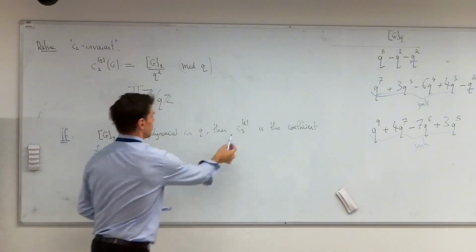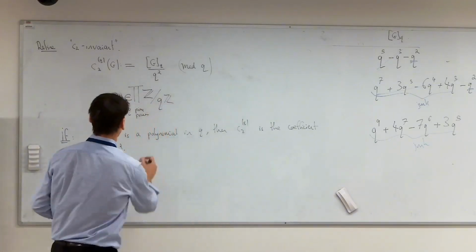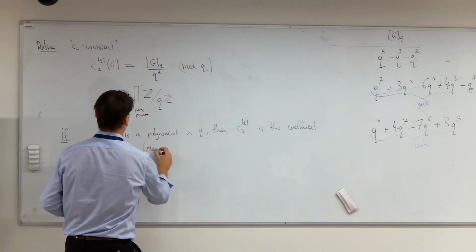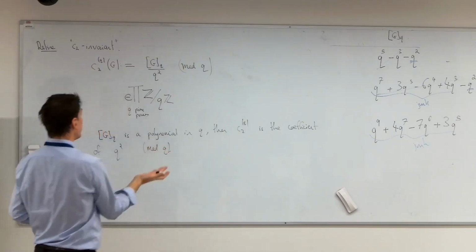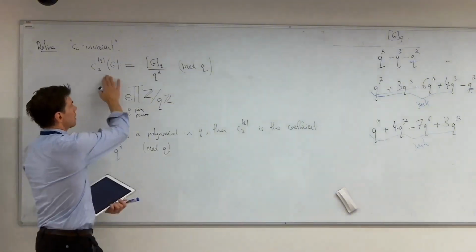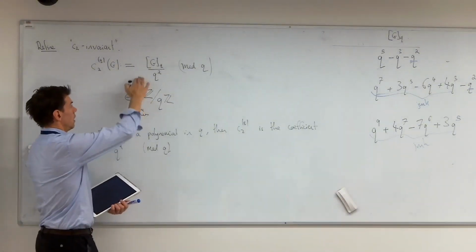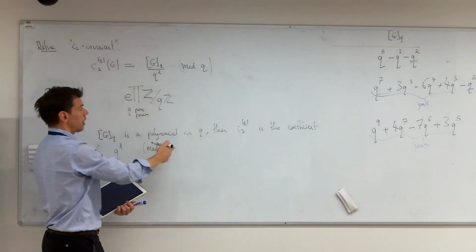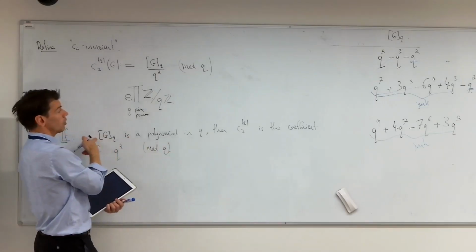And that's why it's called C2, the coefficient of q squared, modulo q. But it might not be a polynomial in q. And in fact, if this thing jumps around a lot, then it implies that this G_q could not be a polynomial.